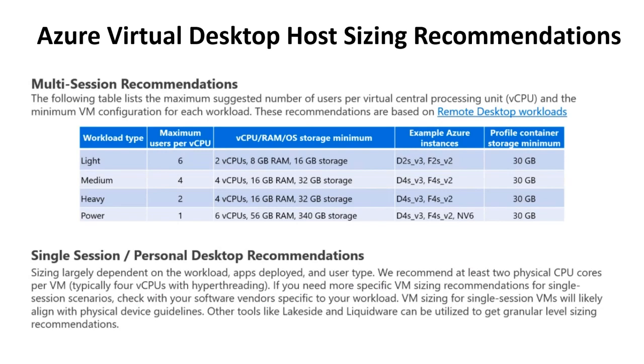Typically, 4 CPUs with hyper-threading. If you need more specification of VM size recommendation for single session scenario, we're going to share some links where you can evaluate this part.